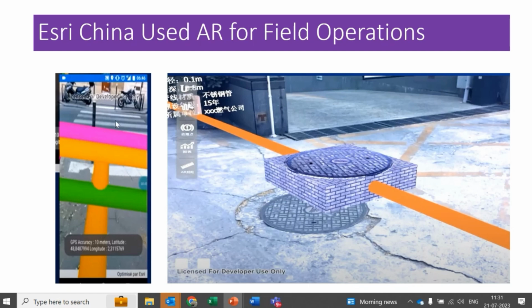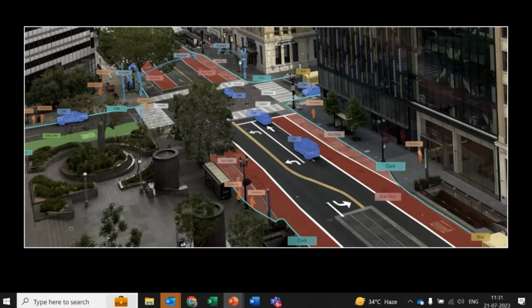So there will be mobile apps which will help the field staff to identify where the actual networks are lying, so that any problem can be detected fast and managed in a faster way, which will be cost saving to the city administration as well as the citizen services will be augmented.